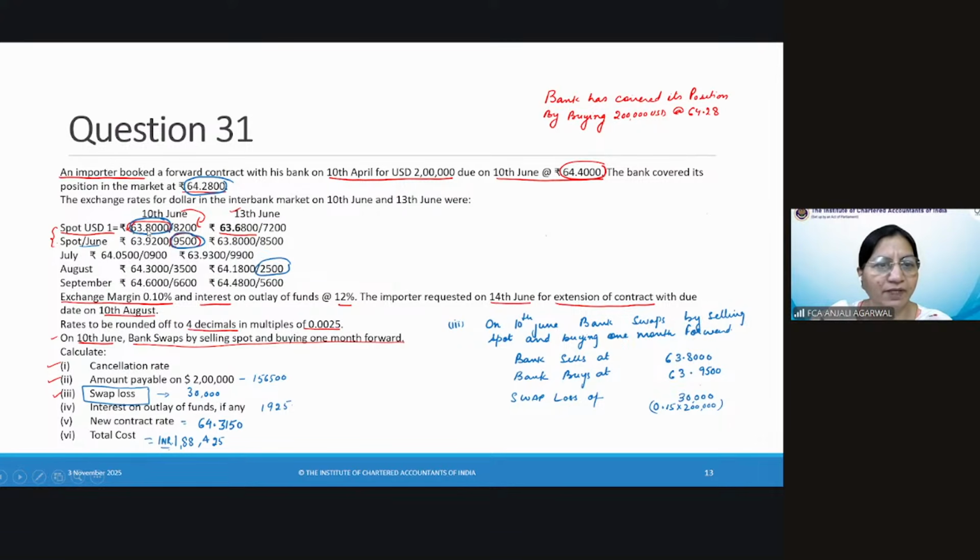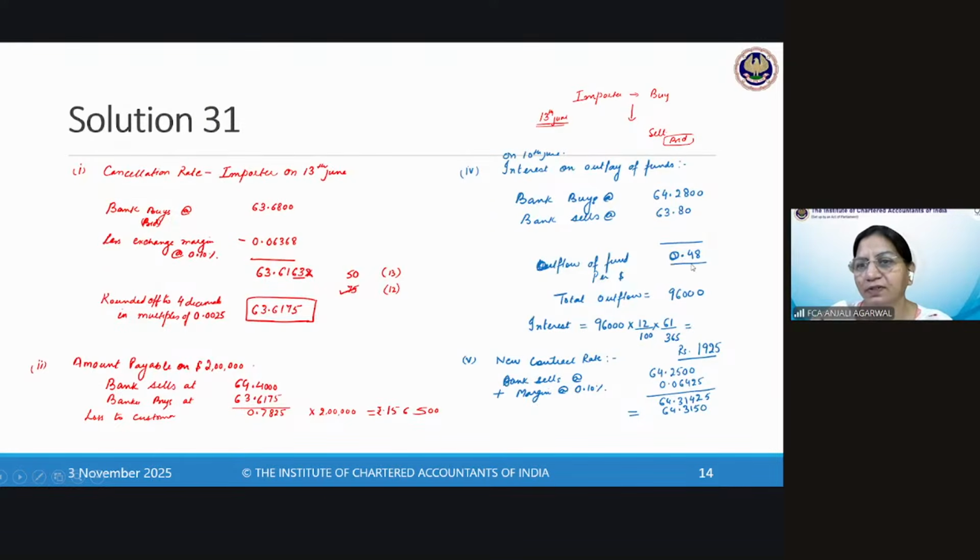So this will be an outflow of funds to the bank, buying at 64.28 and selling at 63.80. This loss will mean a total outflow of 96,000, and interest on 96,000 will be calculated at 12% from 10th June till 10th August.